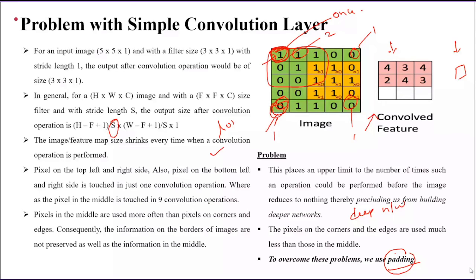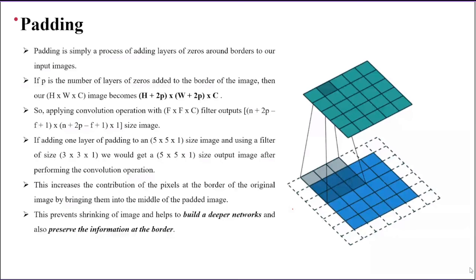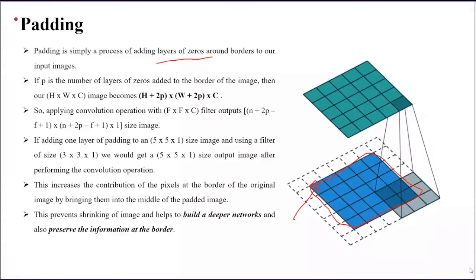Padding is nothing but adding layers of zeros. This is our original image. In order to retain valuable information at the edges, and in order to increase the depth of the convolution neural network, we are adding padding layers. Padding means adding zeros around the image.